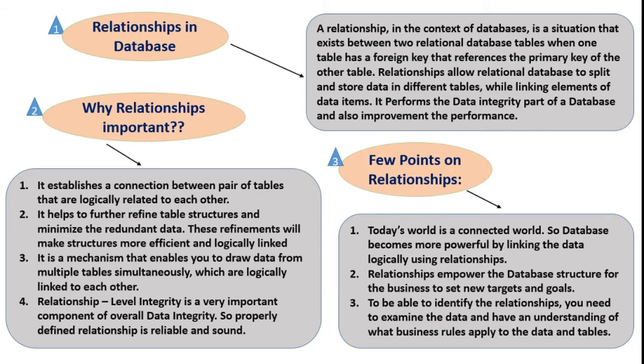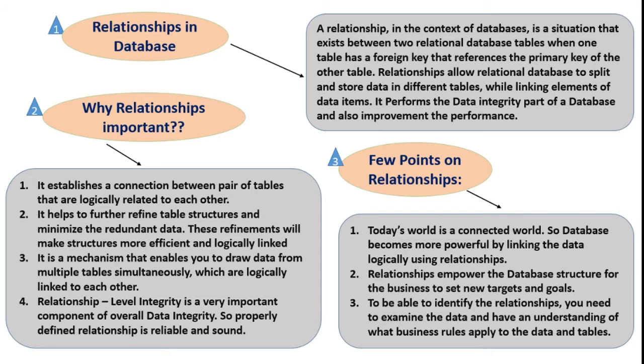The next point is, it is a mechanism that enables you to draw data from multiple tables simultaneously, which are logically linked to each other. Next, relationship level integrity is a very important component of overall data integrity. A properly defined relationship is reliable and sound because it defines the integrity at the relationship level.